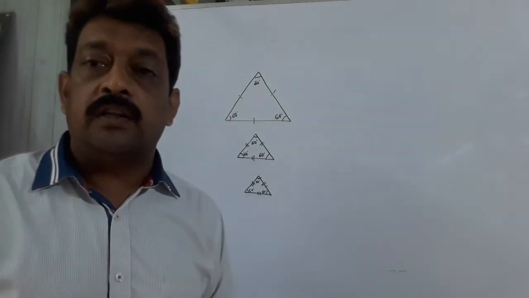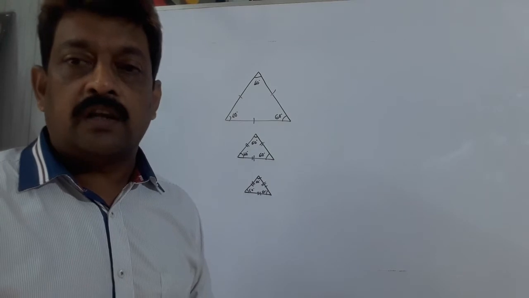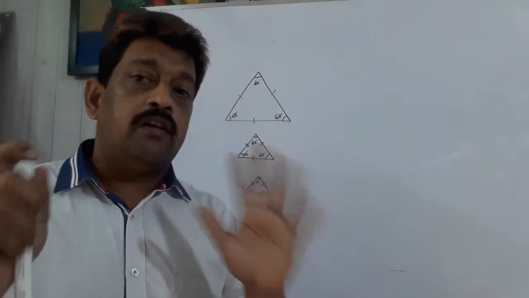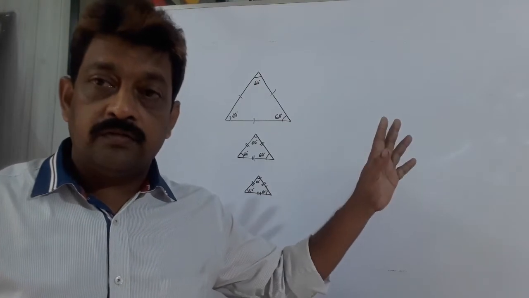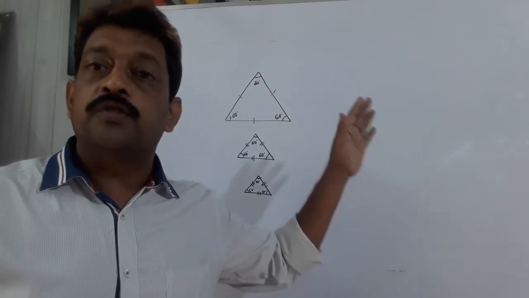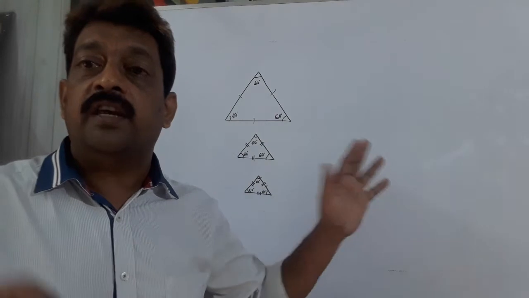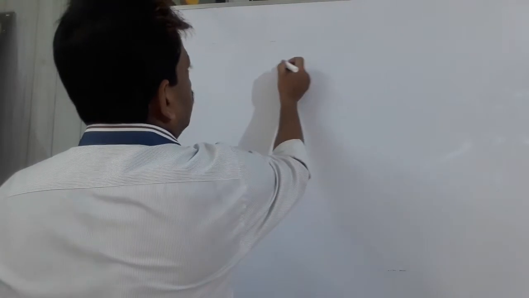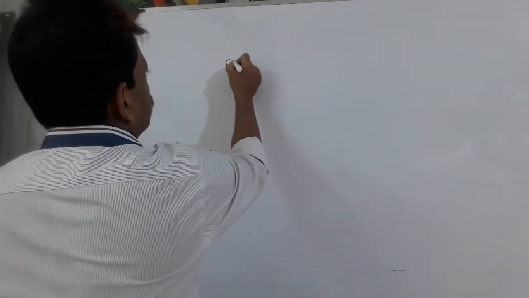Congruent triangles you have learnt in the previous class, that in the case of congruent triangles they are equal in all respects, in terms of size, shape, length of the sides, angles, area, everything will be equal. So let me show you the basic difference between congruent triangles and similar triangles.